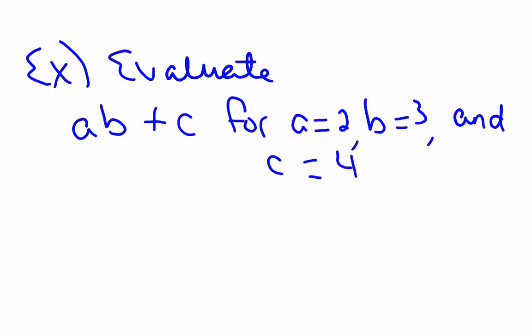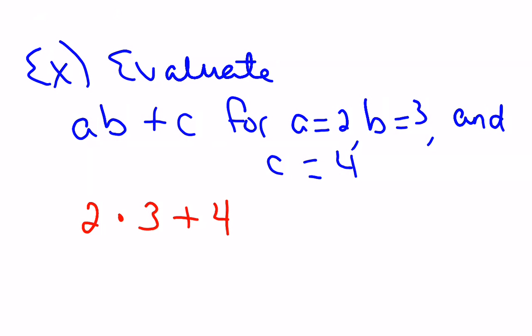Now they've given us the values for each letter, so we have to plug them in accordingly. A is 2, so we have 2. Remember, A, B next to each other means multiply. Then B is 3, we plug that in, plus C, but C is 4.